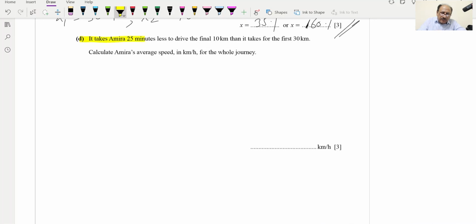D part. It takes Amira 25 minutes less to drive the final 10 kilometers than it takes for the first 30 kilometers. Calculate Amira's average speed in kilometers per hour for the whole journey. For the whole journey, we require the average speed.